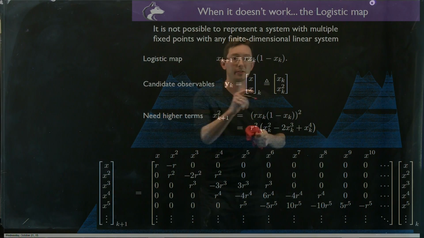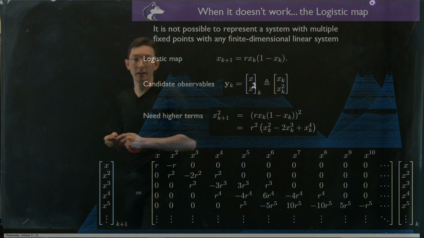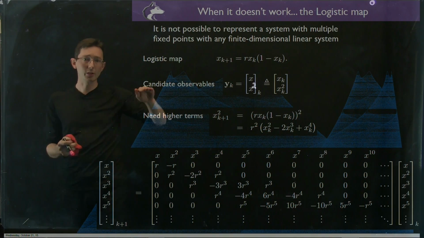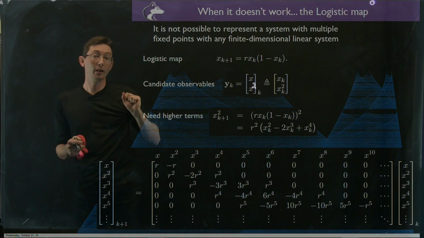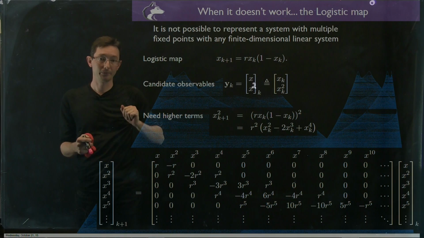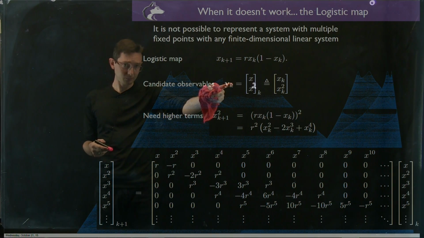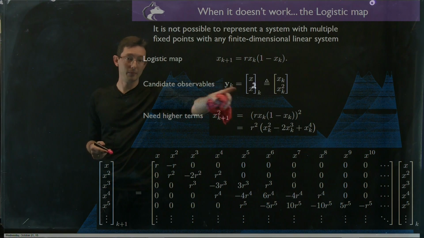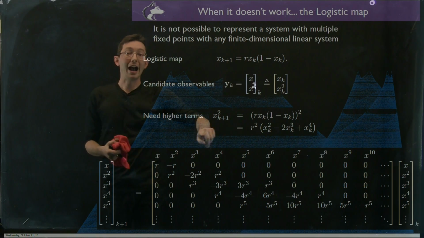This is a typo, this should be x squared at time k. So my candidate observables are my state x and the square of my state x at time k. But if I go through this same step and I say, can I represent my second observable function at time k plus 1 in terms of just these two observables, I need higher terms.